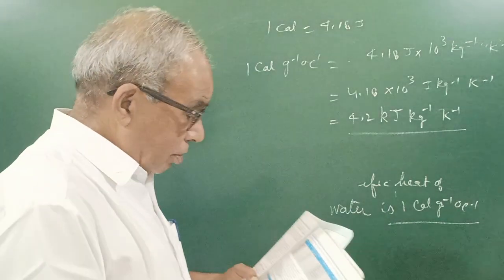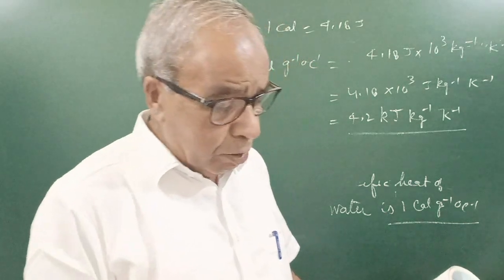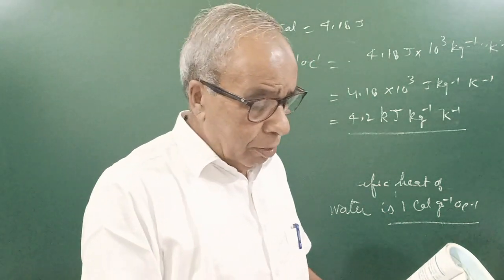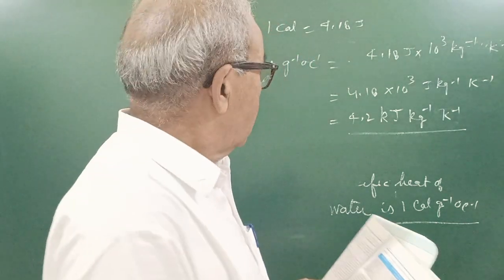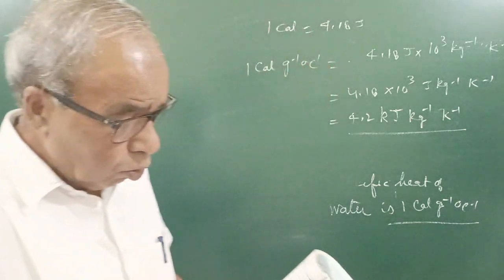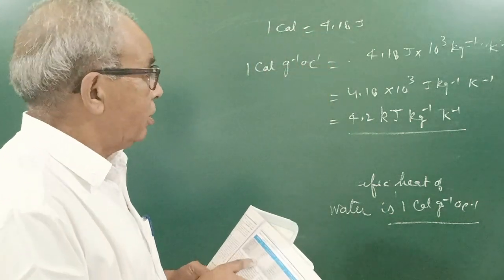And others like tungsten have only 0.134 kilojoule per kg.